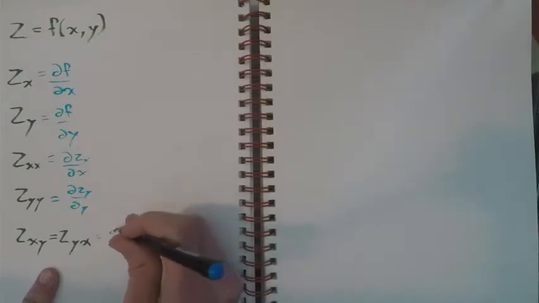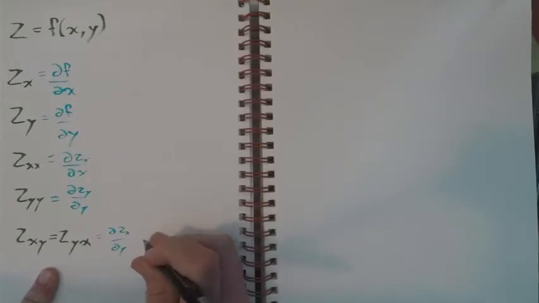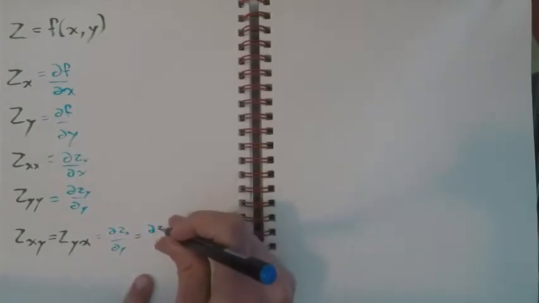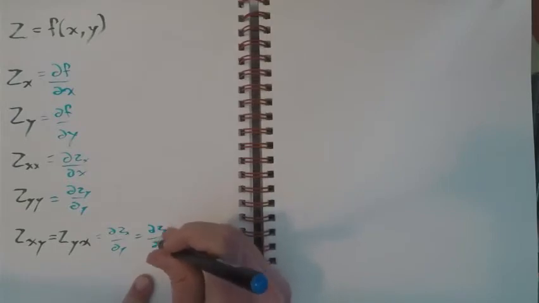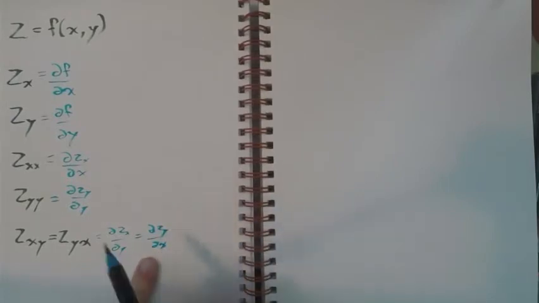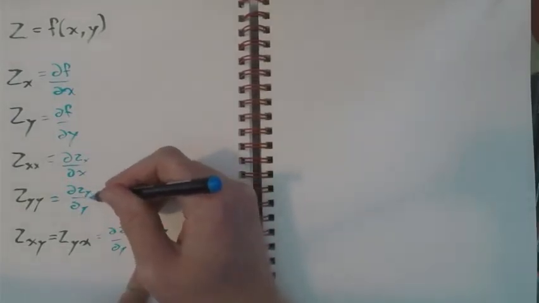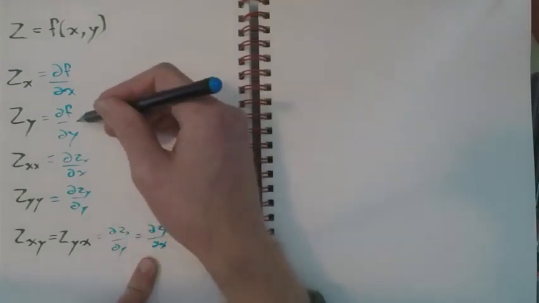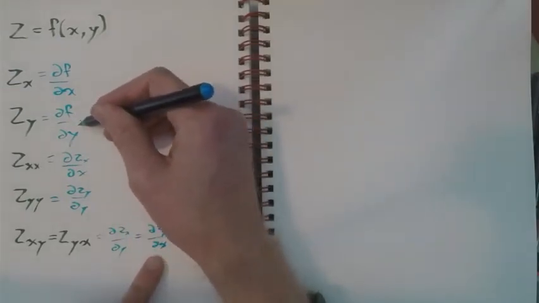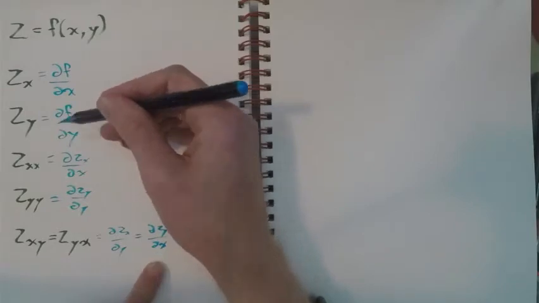And then we can also check our cross partial derivatives, which is our partial z_x as we change y, and it's going to turn out that that is equal to partial z_y as we change x, treating y as a constant.